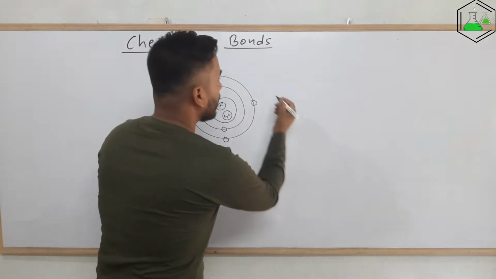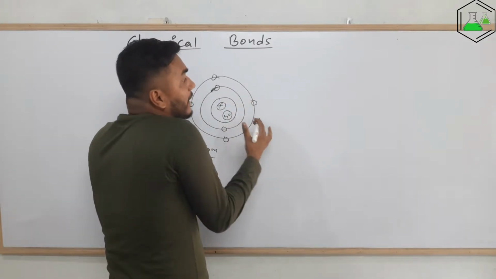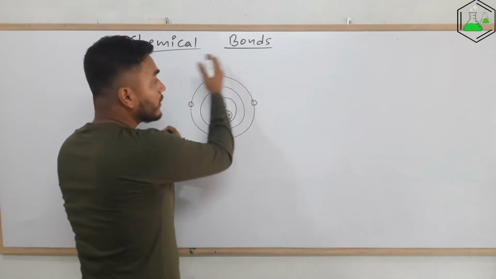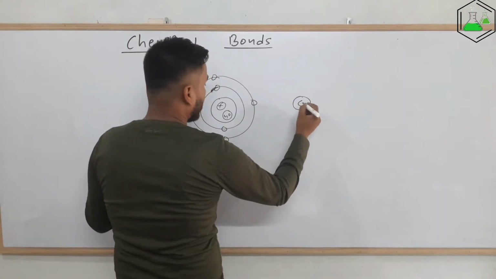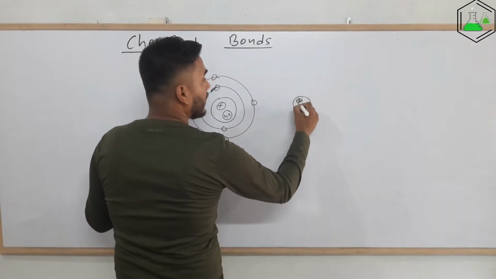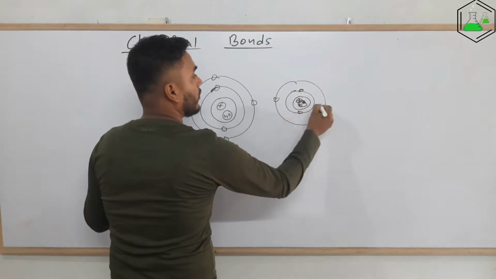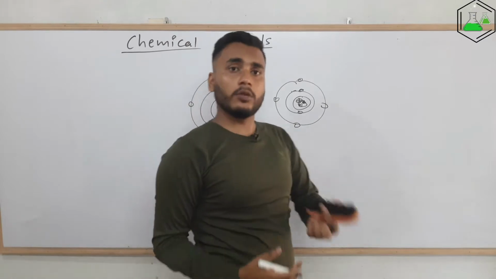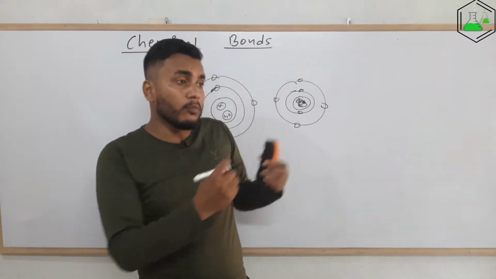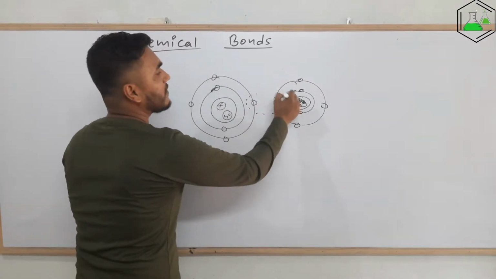Now atoms cannot exist independently, that we know. So obviously it will need more and more atoms for aggregation. So what will it do? It will see another carbon atom. It will try to pull more and more such atoms, and as a result of that, they will try to make some bond.